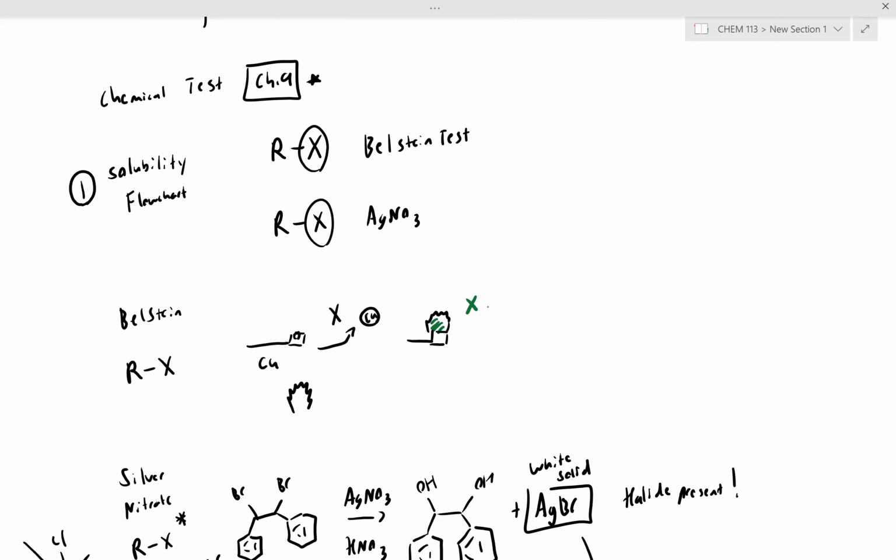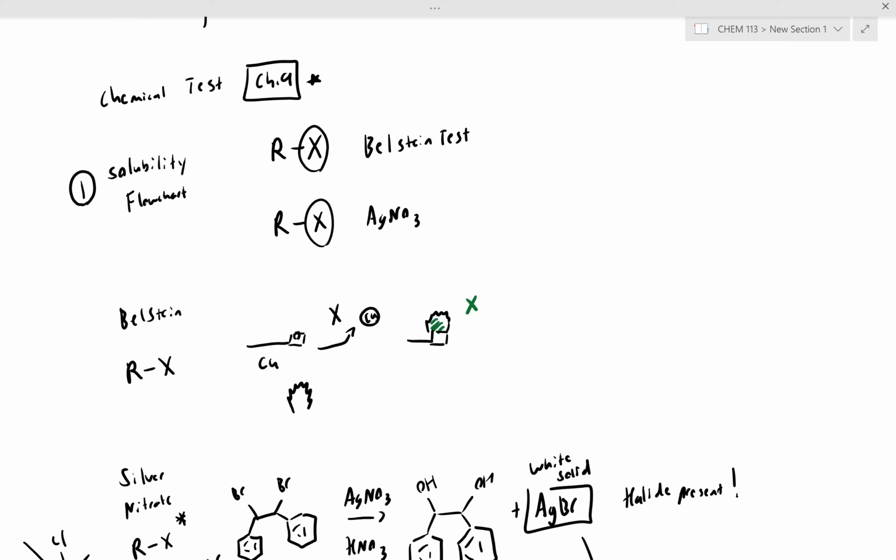Does that make sense? Yes, so Beilstein is the aryl halides and the silver nitrate is the alkyl halides. The Beilstein test will detect any halide. The silver nitrate test is only alkyl halides or halides that are reactive via nucleophilic substitution. Okay, that makes sense now.